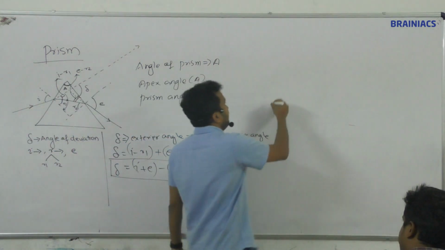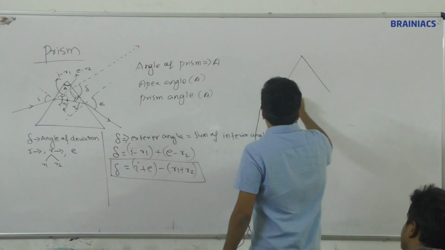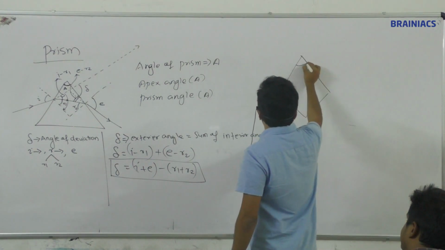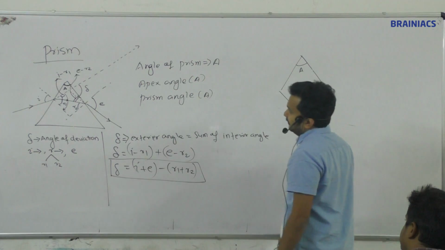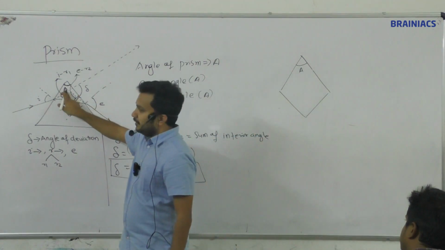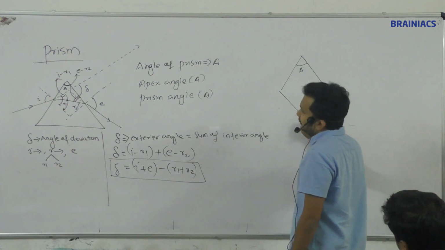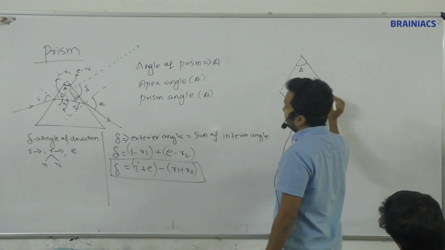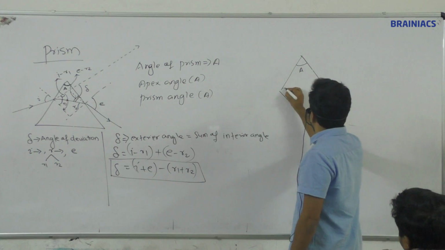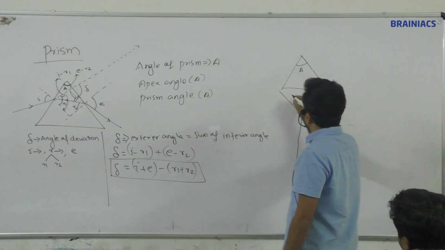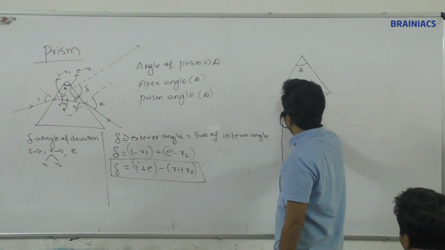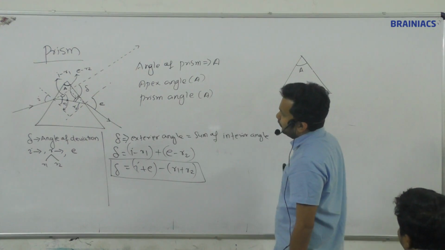Okay, now we'll consider a small quadrilateral over here, not a triangle, a rectangle-like shape. This total value is called A. Here the rays meet, and some rays are going like this. A ray moving through the prism side, and this is a normal ray with R1.